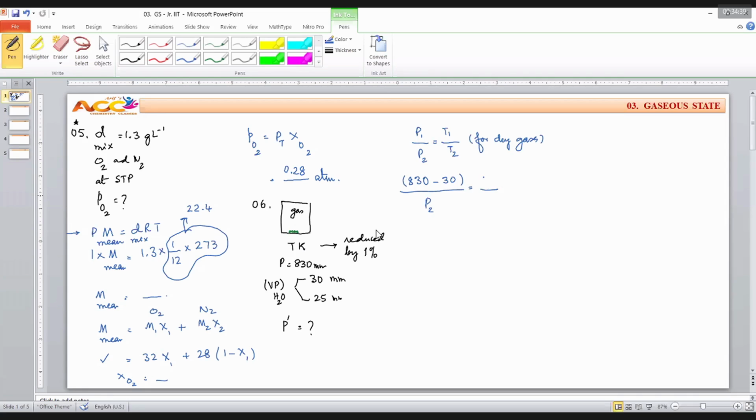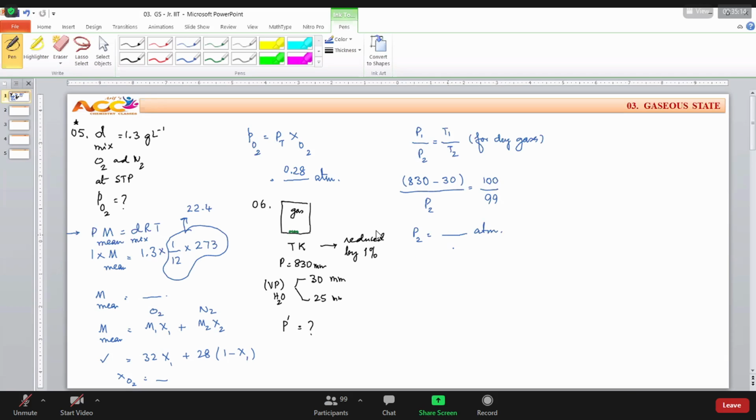Now I'll enjoy it like this. Suppose it is 100 kelvins, right? No, sir, I want to talk in terms of T kelvins. No problem. If it is 100, it should be taken as 99. If it is T, it is taken as 0.99 T. You people are genius. Now, once you have this, it is supposed to be 100 by 99. Find out the value of P2. What is P2? Sir, so many atmospheres. Is it the answer? Anybody? My question: is it the final answer? Yes or no?